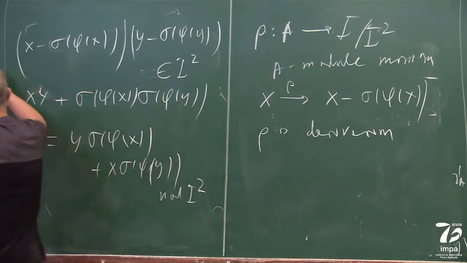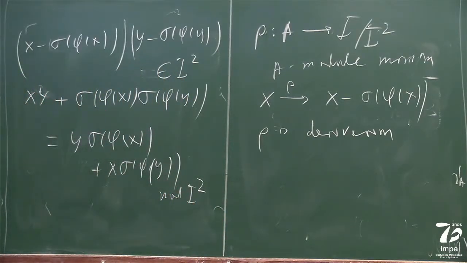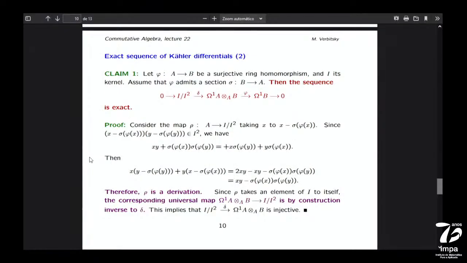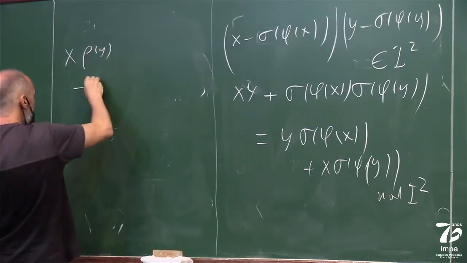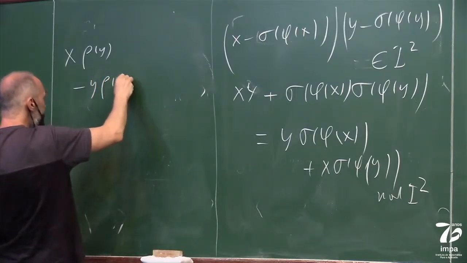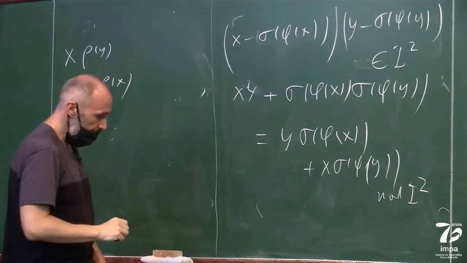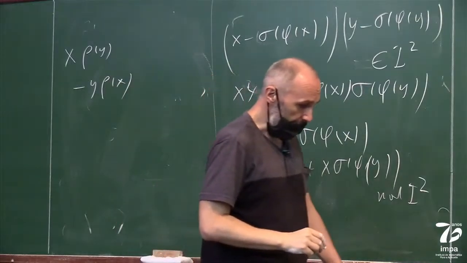Now we're interested in checking that the map ρ is a derivation. So for that we take x multiplied by ρ of y plus y multiplied by ρ of x. It's a sum of 4 terms.